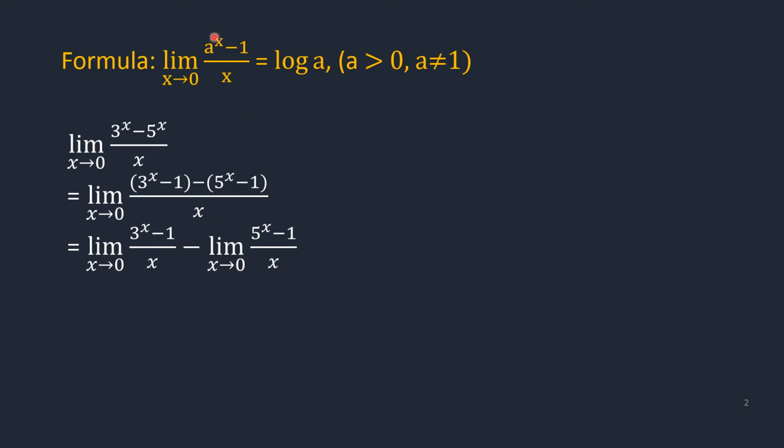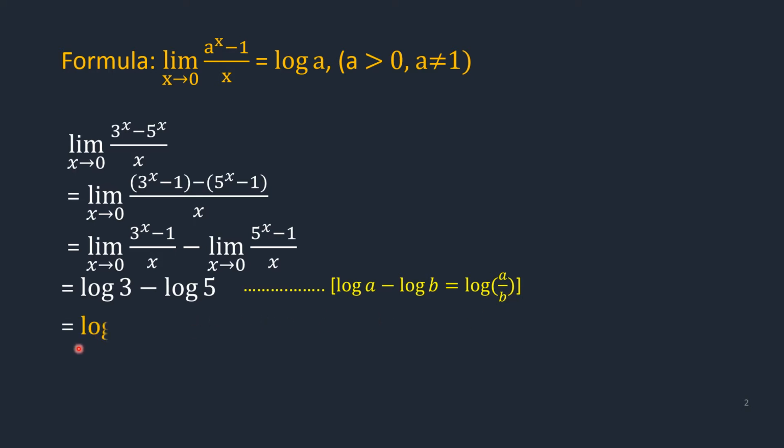Now according to this formula, the first limit will be log 3 because in this case a is 3, and the second limit will be log 5 because here a is 5. Now to solve further, we will use the rule of logarithm, which says log a minus log b equals log a over b. So accordingly, the final answer will be log 3 over 5.